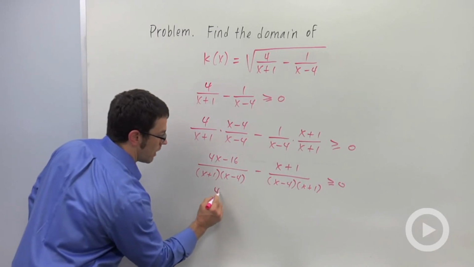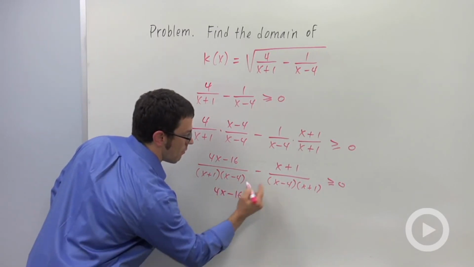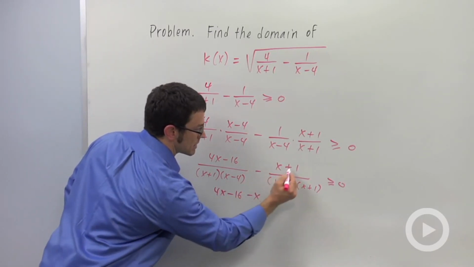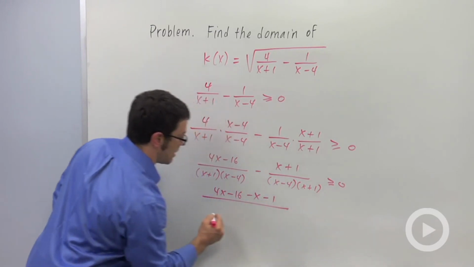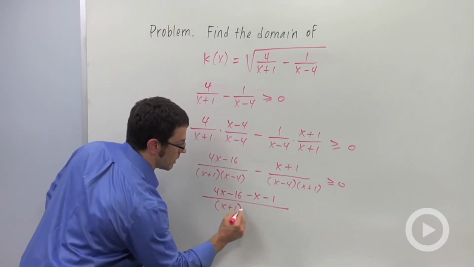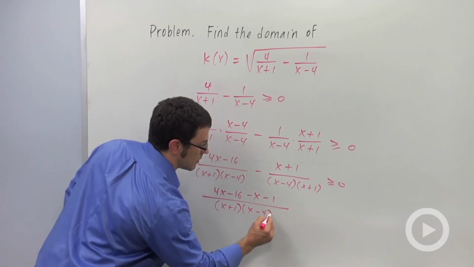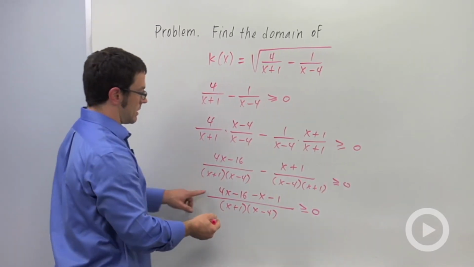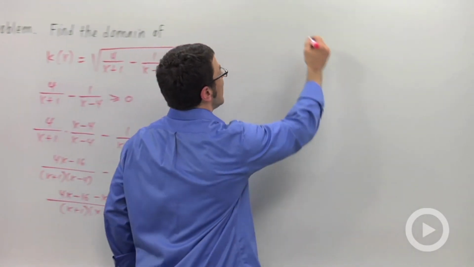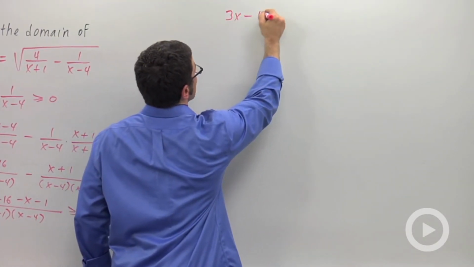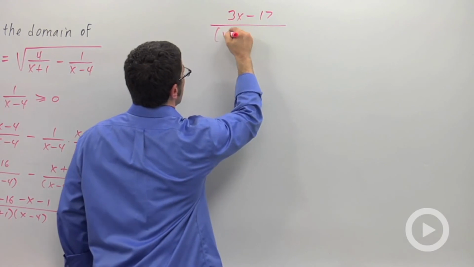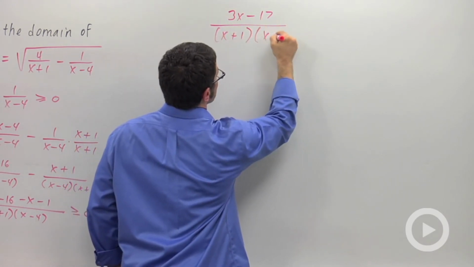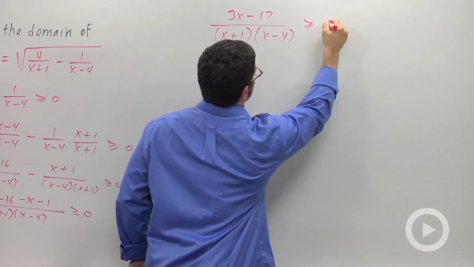So I'll have 4x minus 16 minus x minus 1, and then my denominator will be x plus 1, x minus 4, greater than or equal to 0. So just simplify the numerator, and I get 3x minus 17 over x plus 1, x minus 4 is greater than or equal to 0.